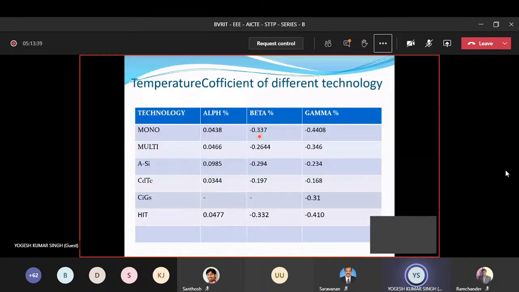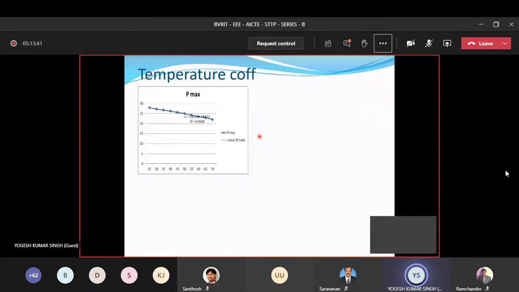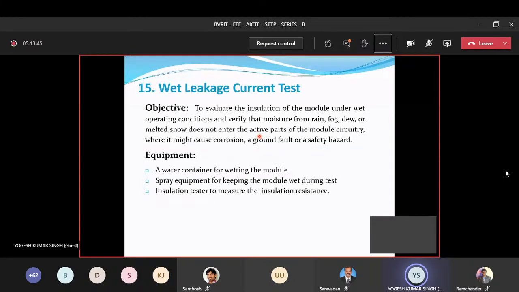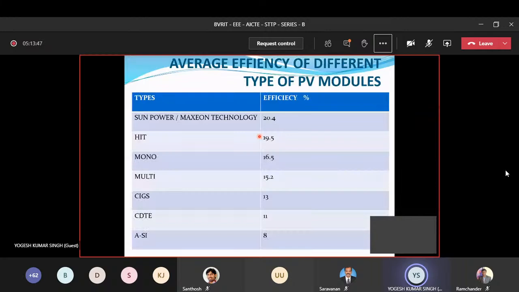This is only the material efficiency, meaning if 100% of the power falls on that particular cell or technology, a multi-crystalline technology only gives 15 to 16% of the power output of that module. But this is not the system efficiency.